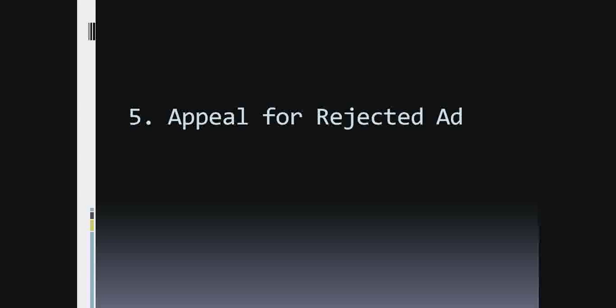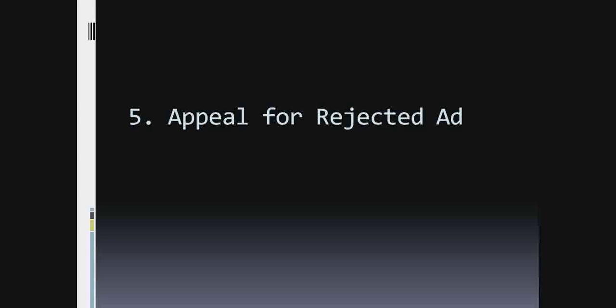So whenever your campaign is rejected by Facebook, make sure you appeal so that they can review it again and then approve it. Because if they continue to reject your ad and you are not appealing, they will presume that you were trying to run a campaign which is against their policy. Then they will deem it fit to ban your account once they get many of those triggers on your ad account.